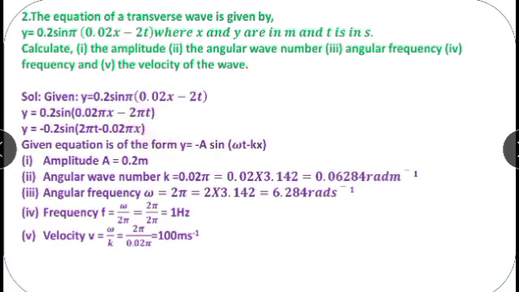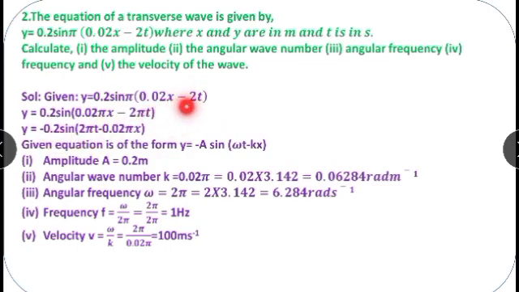Now this equation is a little bit shuffled. So here this is k and this is omega. So we have to rearrange the terms according to the standard transverse equation, interchanging this 2t here and 0.02 here. After interchanging, definitely the sign will change.